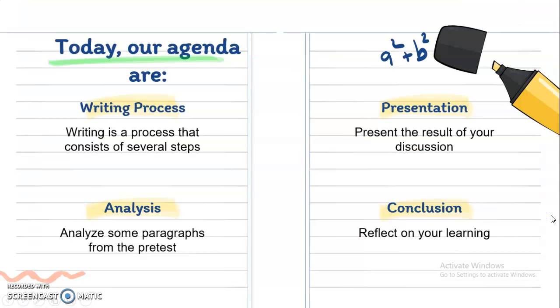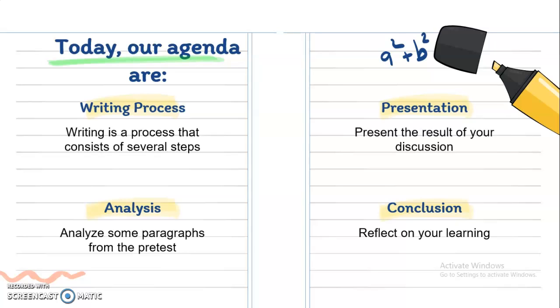Okay, so today our agenda is the writing process. I will show you that writing is a process that consists of several steps. Okay, and then analysis. You will analyze some of the sample paragraphs taken from your friends' work from the previous pretest. And after that, you're going to present the result of your discussion.